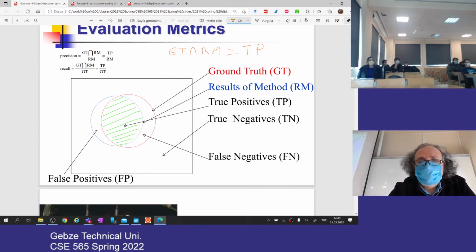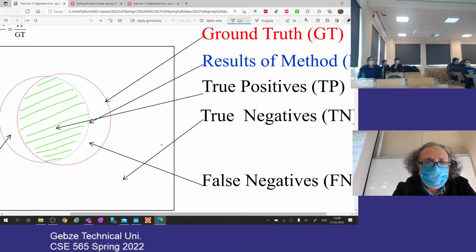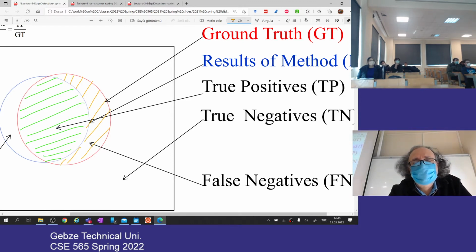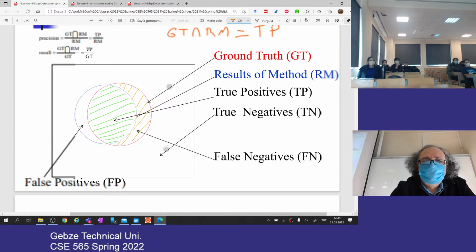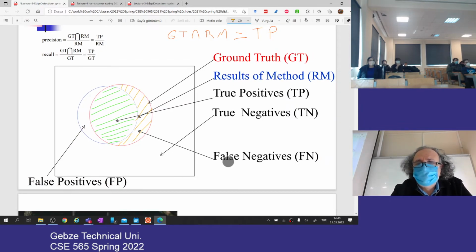And outside of this green area, I don't like. How about this area that I am just marking now? It is part of the ground truth, but I didn't detect it. Those areas are the false negatives. True is good, false is bad. With false negatives, I said negative, there is no edge there, but in fact there is an edge there.